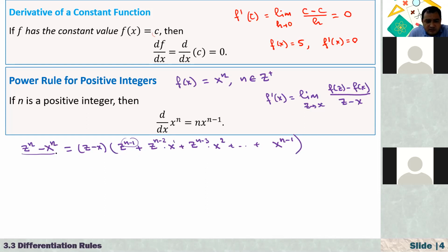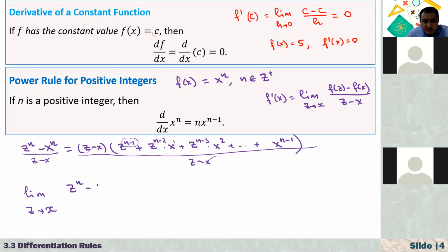Now, if I divide the whole thing by z minus x, what do we have? Then the z minus x factors cancel each other, and the other factor is left, right? So using this, what happens if z approaches x? Then z to the power of n minus x to the power of n over z minus x, with z approaching x, gives us the derivative of the function at x.